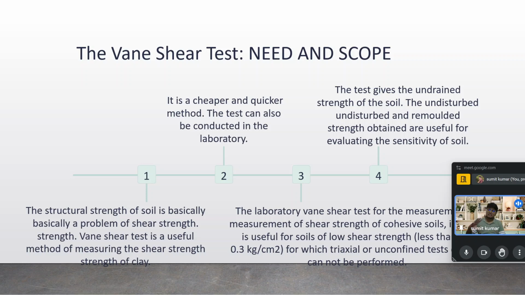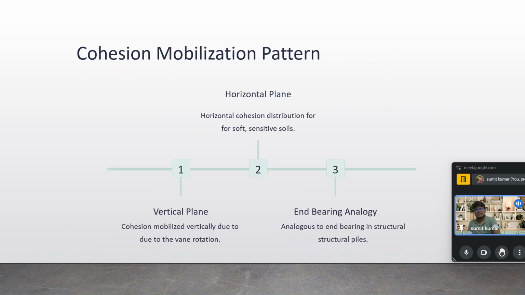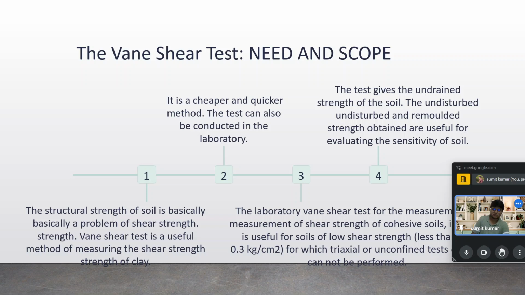As I said, the clay gets mobilized. By applying the torque, we are able to mobilize it in the horizontal as well as in the vertical direction. In the horizontal direction it is distributed for the soft and sensitive soil, and in the vertical direction due to the vane rotation.